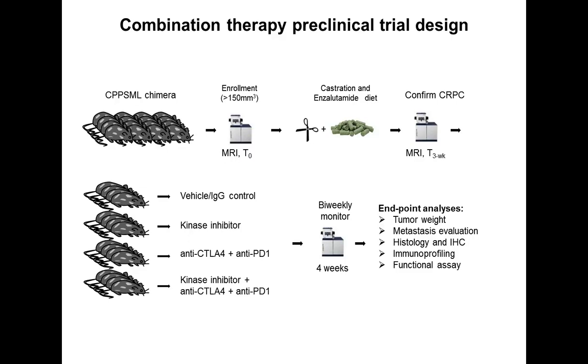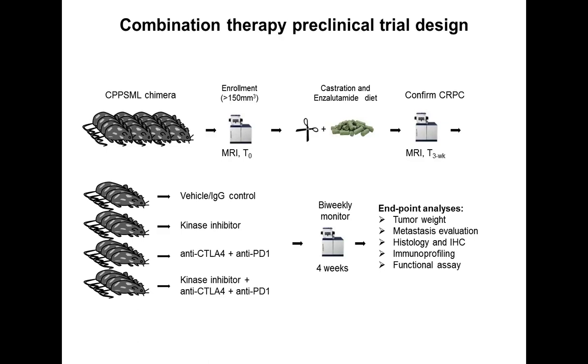After 3 weeks, we use MRI imaging to confirm the development of CRPC in the mice, and then we randomize them into 4 groups. The mice will receive either the control, including vehicle plus isotype IgG, or the kinase inhibitor, or the anti-PD1, anti-CTLA4 antibody cocktail as ICB, or kinase inhibitor plus ICB. So the single treatment or combination treatment.